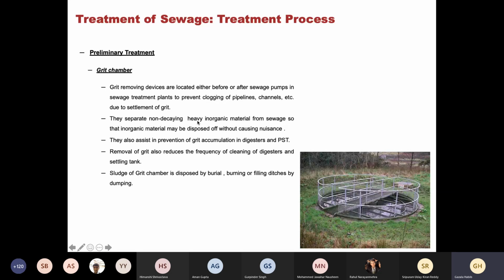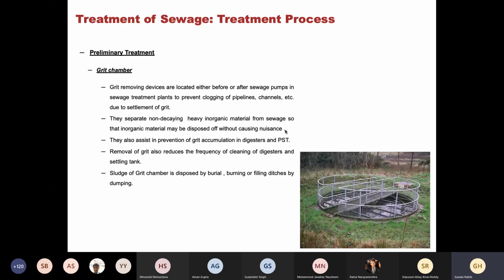They separate non-decaying heavy inorganic material from the sewage, so that the inorganic material may be disposed of without causing nuisance. We need to understand that the inorganic solids will not be harmful. They can be disposed of without any further treatment.